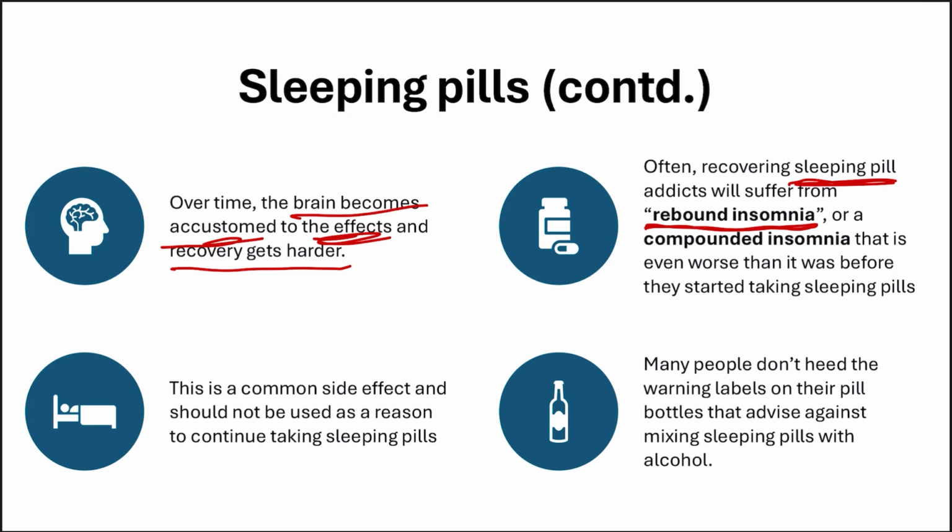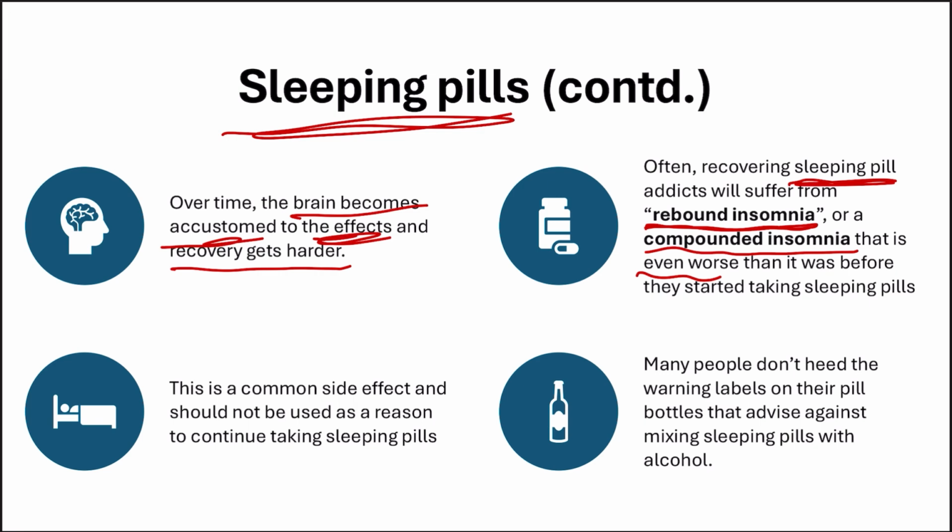That is, there will again be development of insomnia, or sometimes individuals might even have compounded insomnia, which is insomnia due to multiple overlapping factors. This is even worse than the insomnia from which he or she was suffering before taking the sleeping pills.